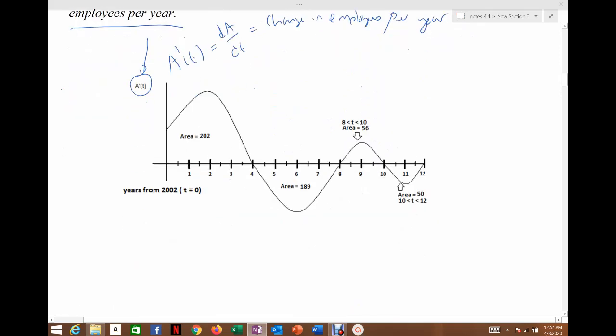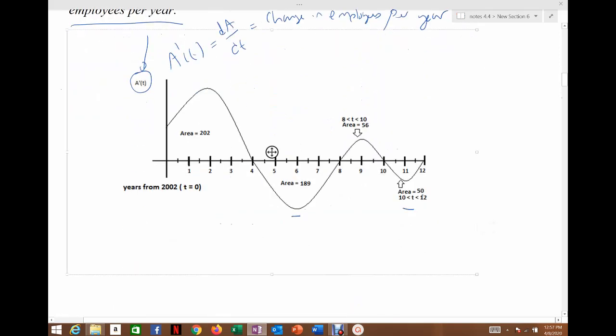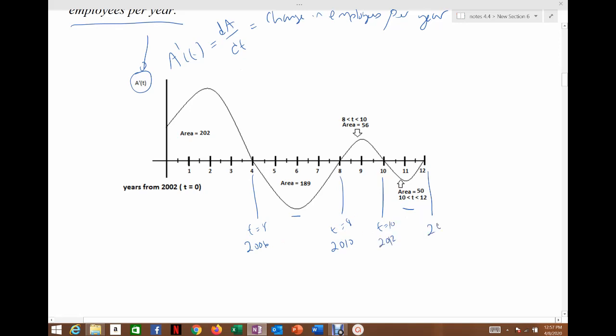If I look at my function, that would be a loss, and that would be a loss. This would be time 4, which represents 2006. This would be time 8, which represents 2010. Then time 10, which represents 2012, and 12 would be 2014.